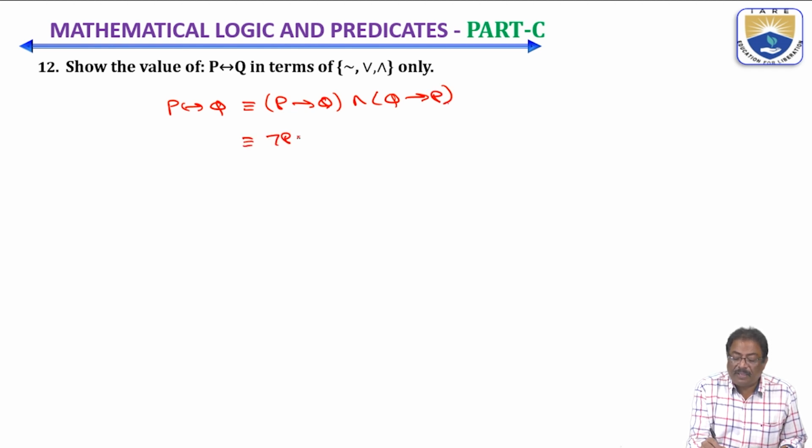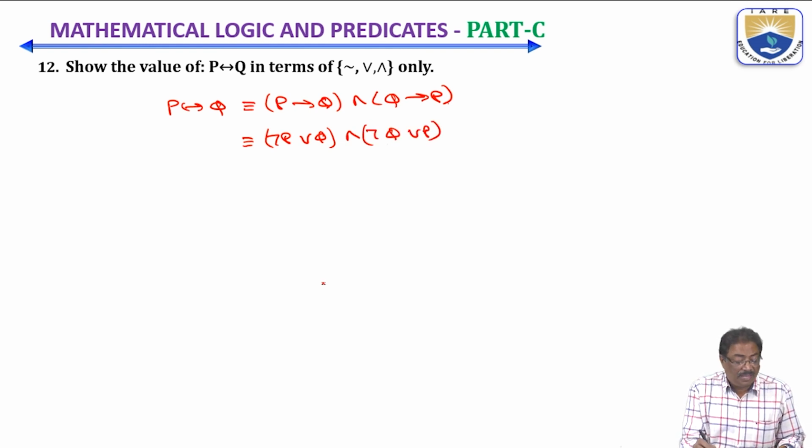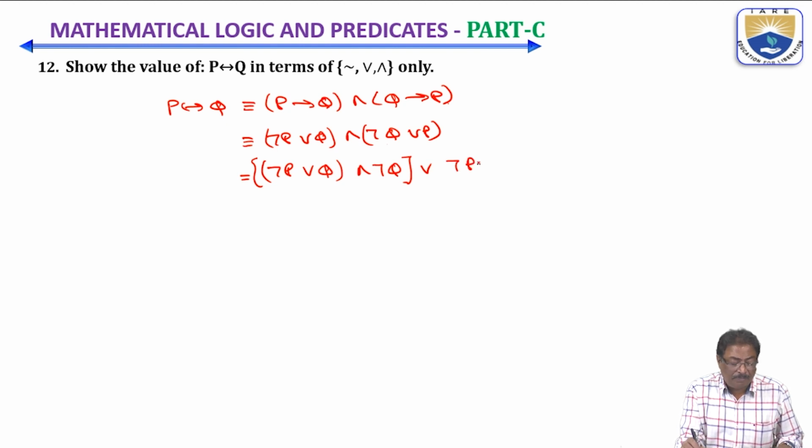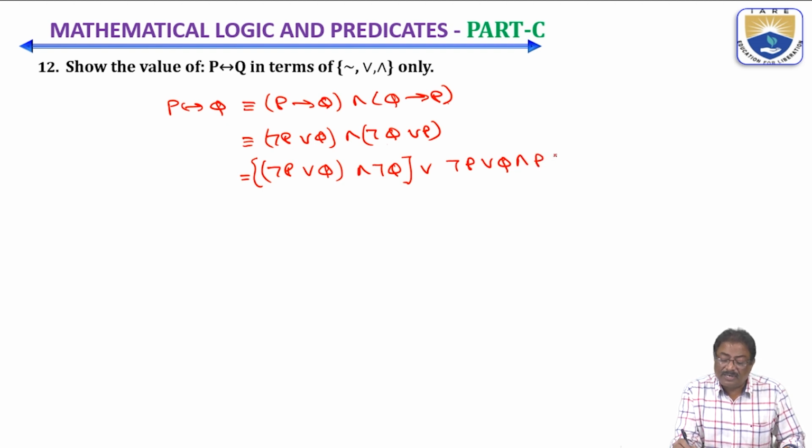Then this is negation P or Q, and negation Q or P. Or else, if you want to simplify that, negation P or Q and negation Q or P.